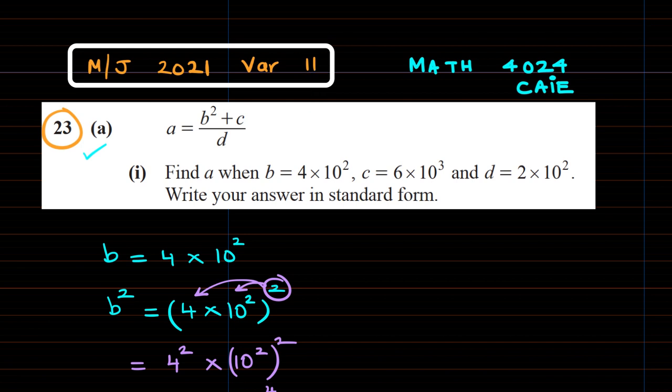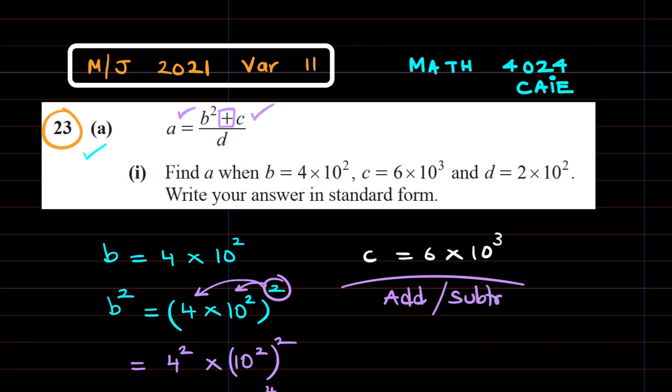Let's move on and let's write down C, which is 6 multiplying with 10 raised to power of 3. Now since we are adding two values, one of them is B square, the other one is C, naturally for addition and for subtraction, it is necessary that when we are dealing with the standard form, the powers should be equal to one another.